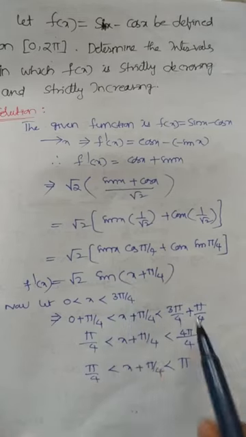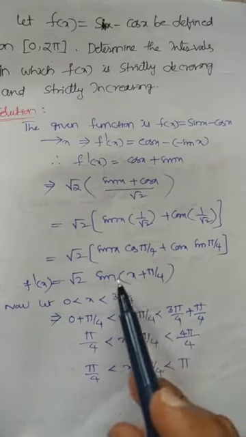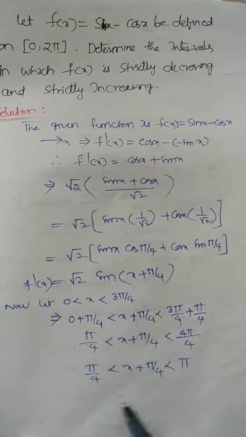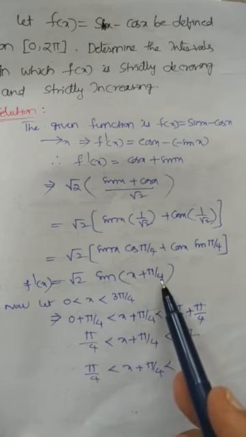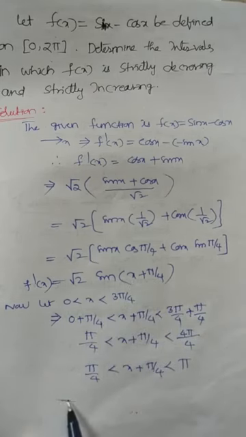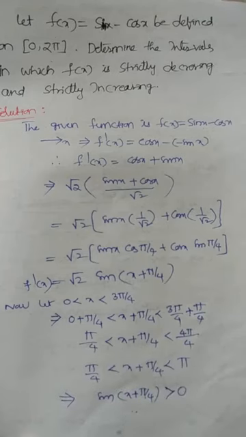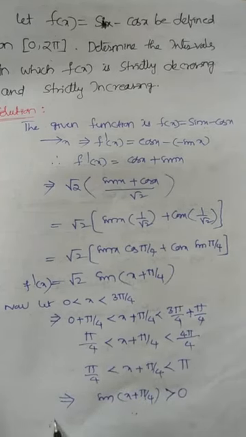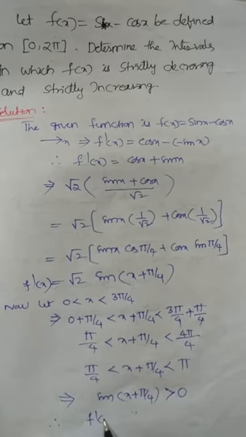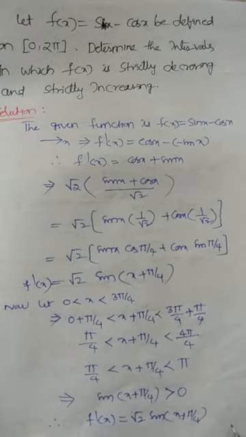For x plus pi by 4 substituted between pi by 4 and pi, all sine values are positive. So sin of x plus pi by 4 is positive, greater than 0. Multiplied by root 2, it is also positive. Therefore f dash of x equals root 2 into sin of x plus pi by 4 is positive.